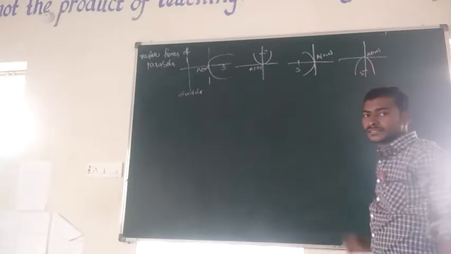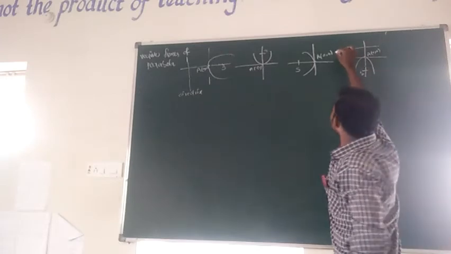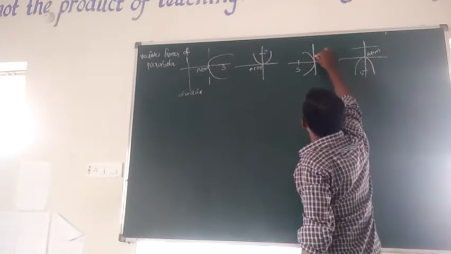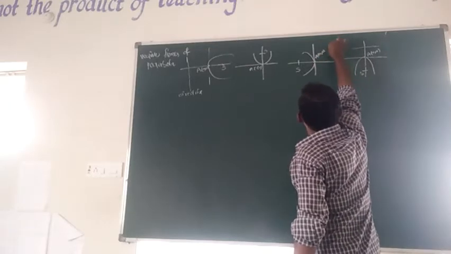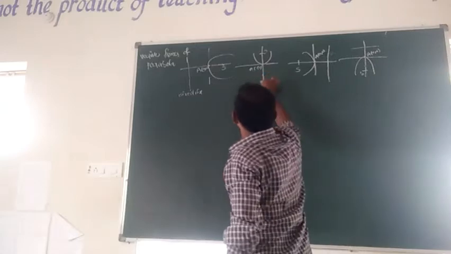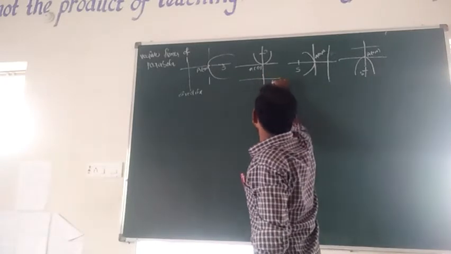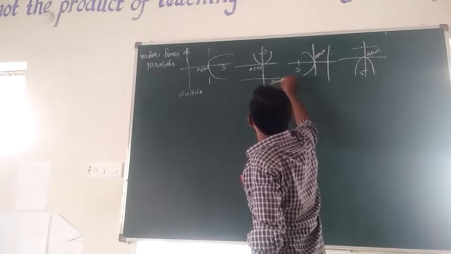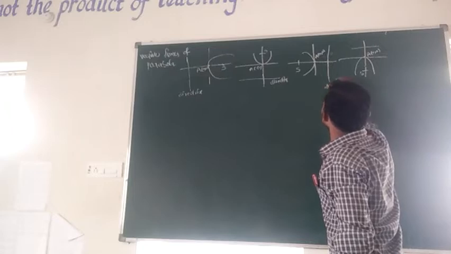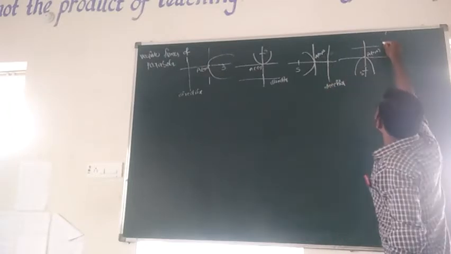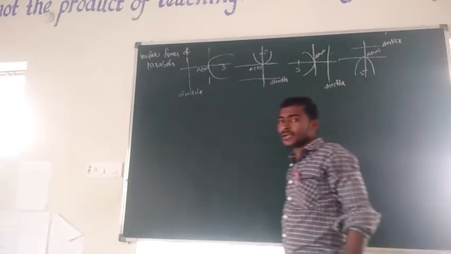Now the line outside of the curve is called the directrix. This line is called directrix, and here also the line is called directrix.